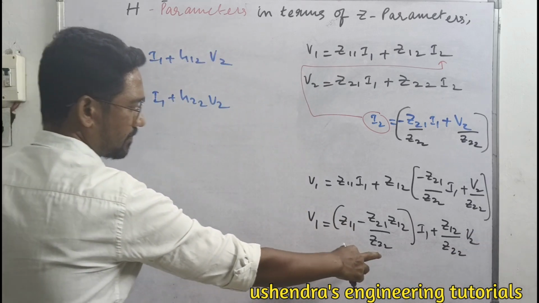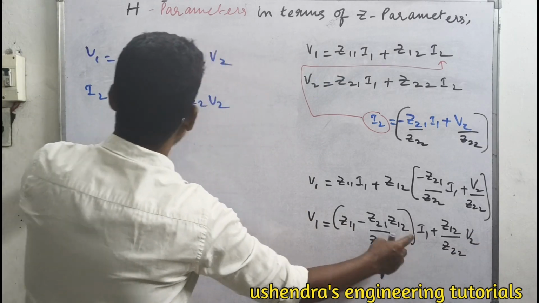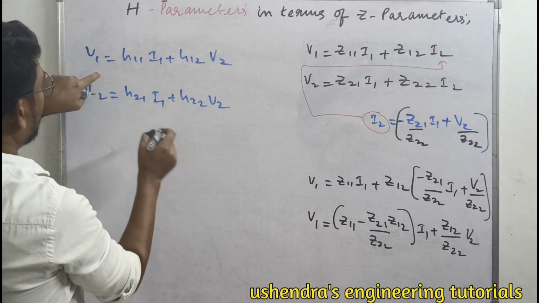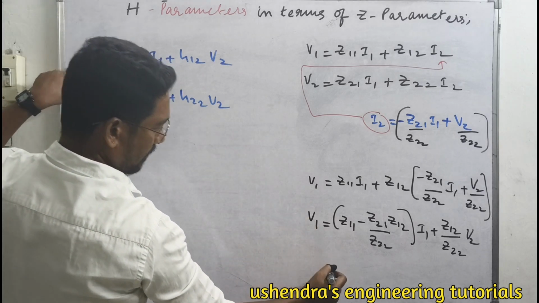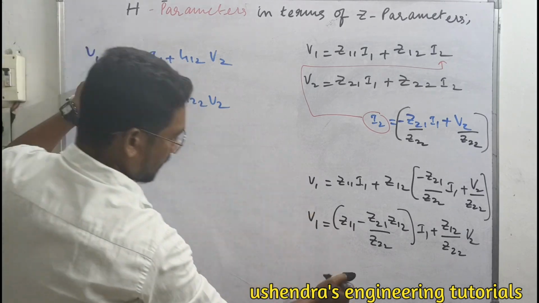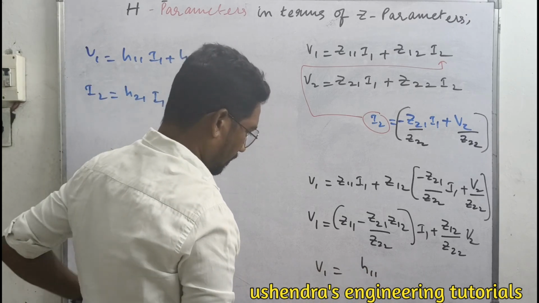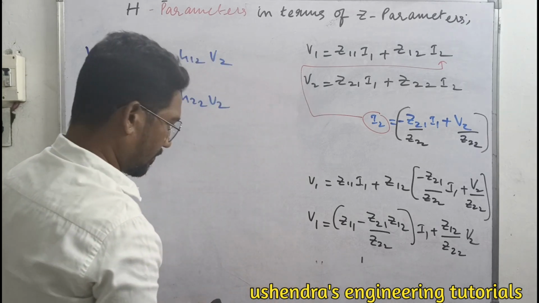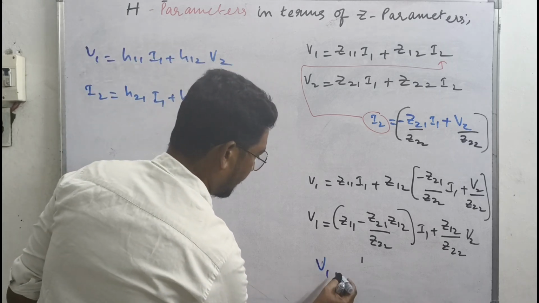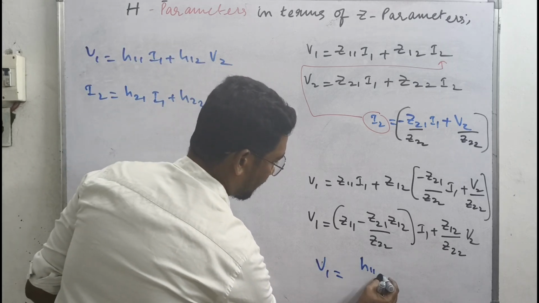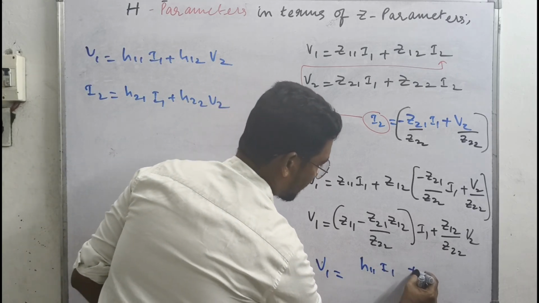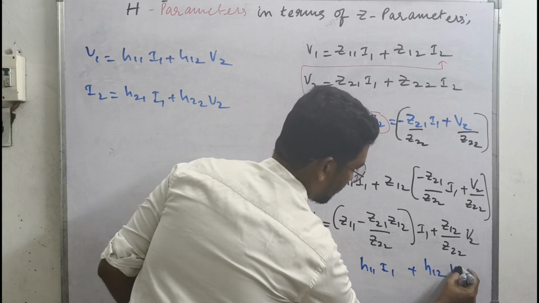Now this very expression can be compared with this one, and in that way v1 is okay. v1 equals h11 i1 plus h12 v2.